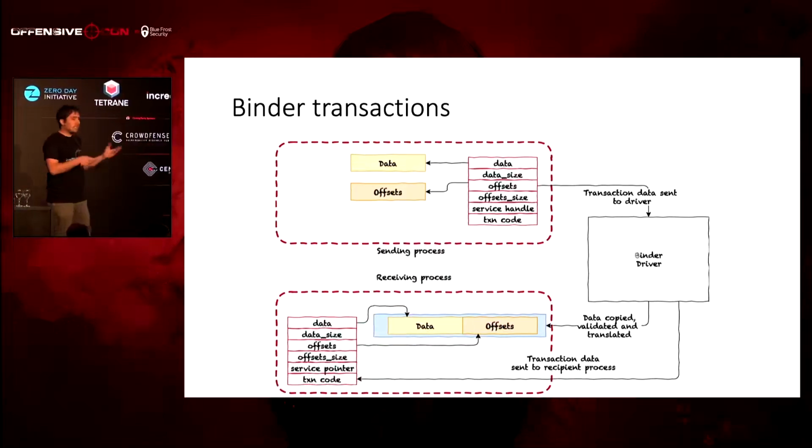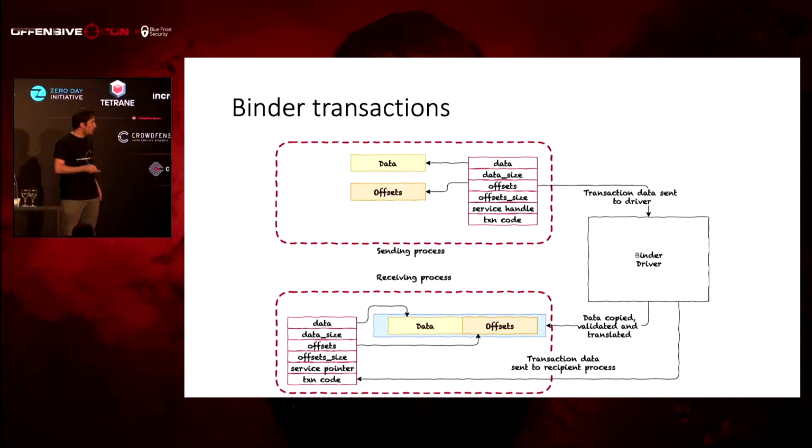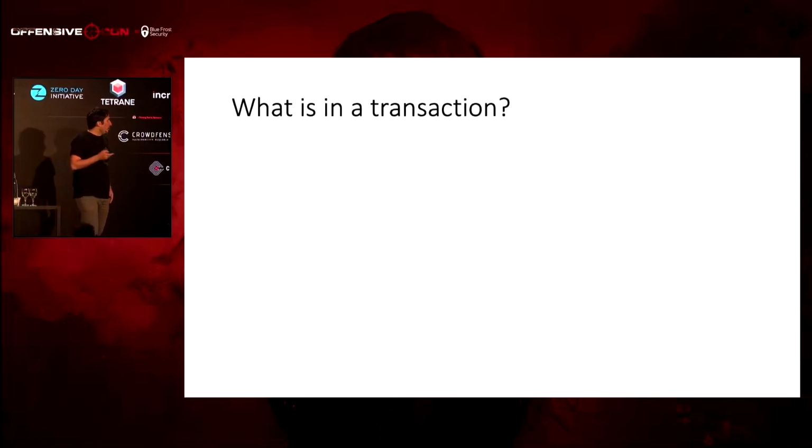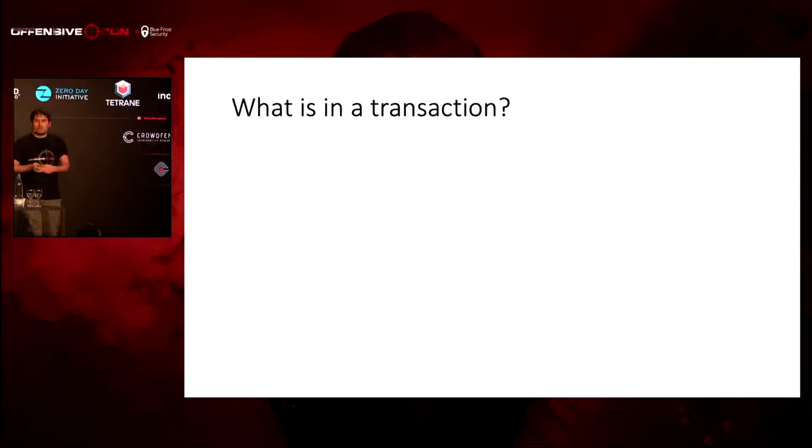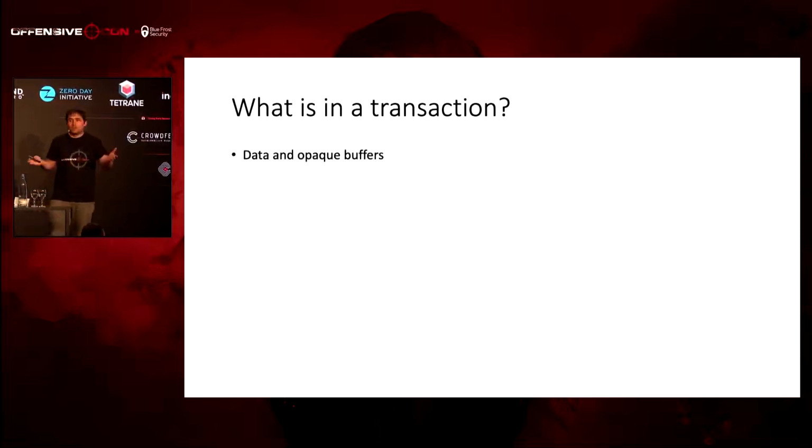So this allows us to send data from one side to the other with an action code and some objects. Now, what is in that transaction? What are those offsets? In a transaction, there can be just opaque data, which has no format; the driver doesn't care about it. And there can be objects at different offsets within the transaction.